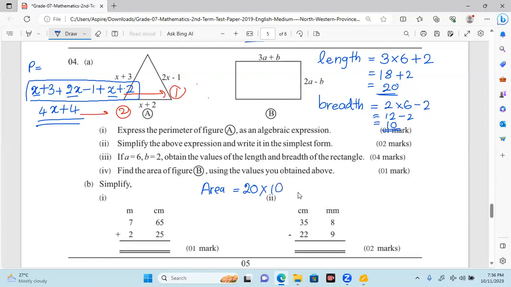It is equal to 200 square centimeters. Oh, sorry. අපිට එහෙම ලියන්න ඕනේ. අපිට දීලා නැහැ මොකද්ද කියලා. It is just enough to write 200.